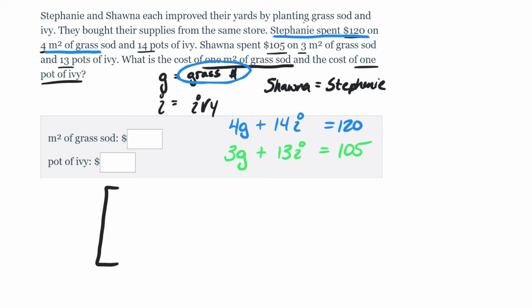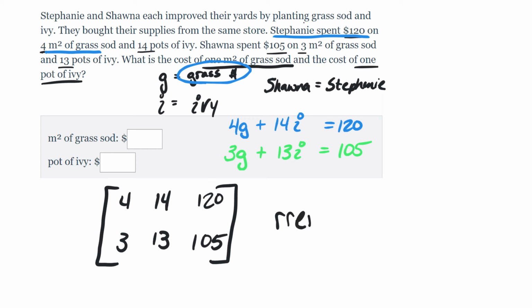So we're going to take them to a matrix. The variables are generic, so we don't need our G's and I's in here anyway. And 105. So we will create a matrix in our calculator, and we are going to reduced row echelon this. I'm going to name this A whenever I go to my calculator, and I will bring that answer right back to you, and we'll have our solutions.